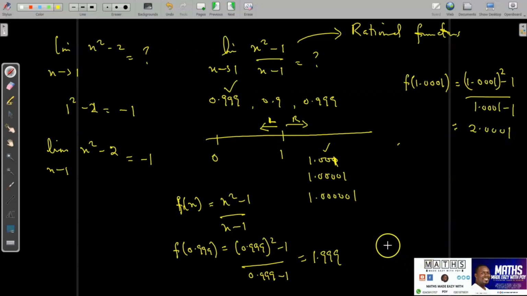So ideally, to the nearest whole number, what does this approximately give us? 2. How about this one? Approximately, what does it give us? 2.